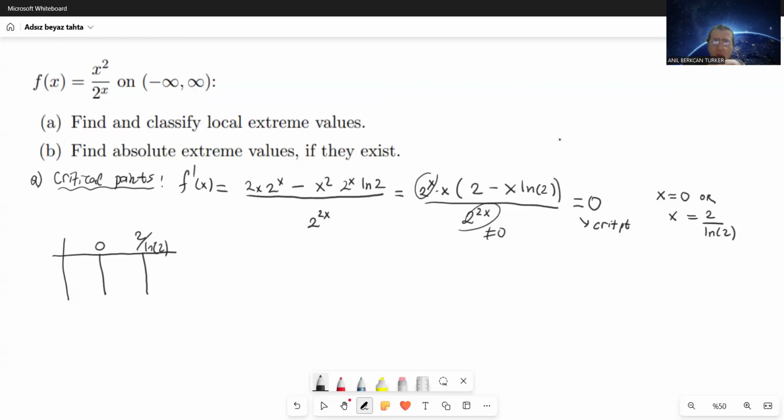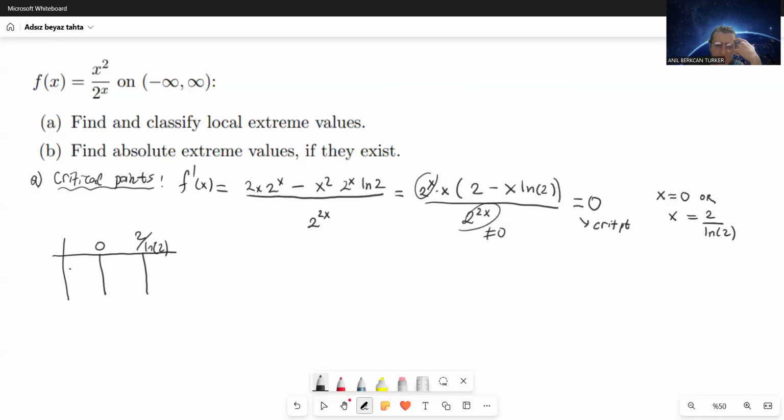When x is less than 0, x is negative, so we have a minus sign. Since x is negative, this other factor is positive, so f prime is negative.